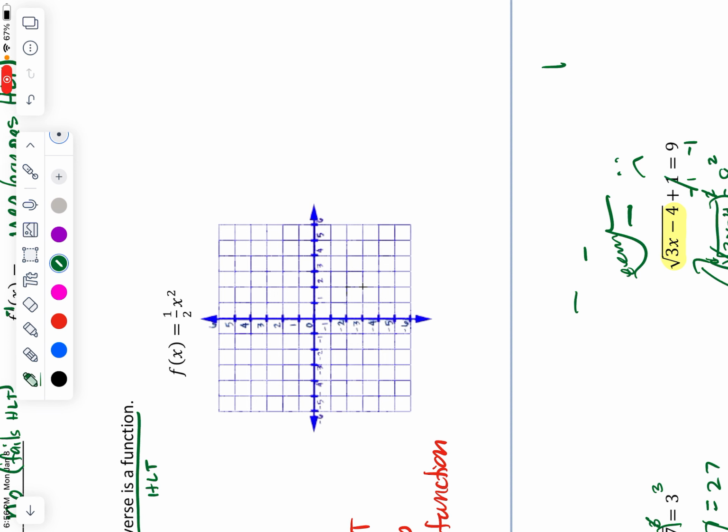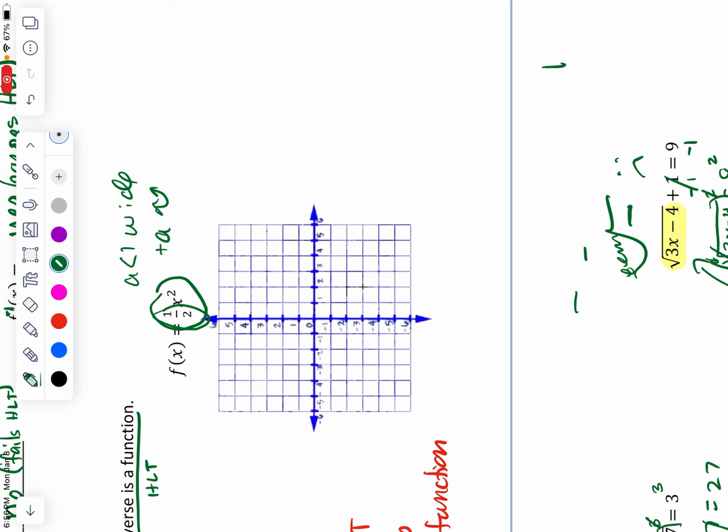This was what we did in all of chapter 4. Quadratic is x squared. It's always a parabola. This is my a value. It's less than 1, so my parabola is going to be wide. It's positive, so it's going to open up.